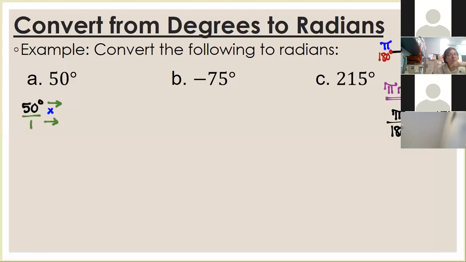Which one of those 2 proportions would I want to use so that my degrees will cancel? Do I want to use the pi over 180, or the 180 over pi?